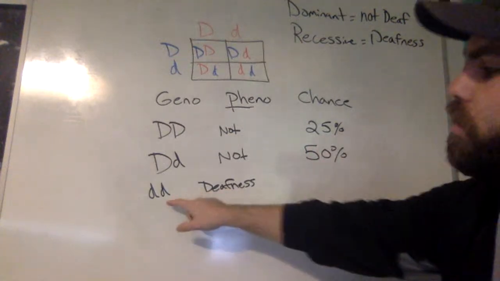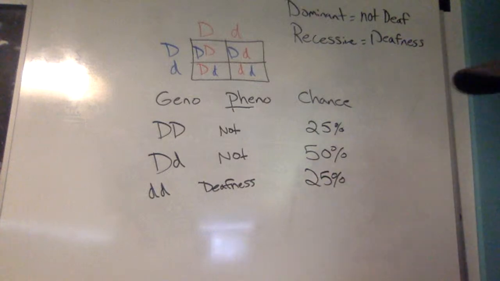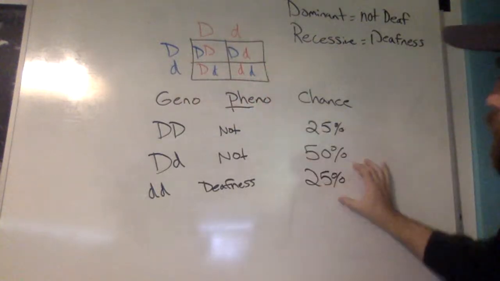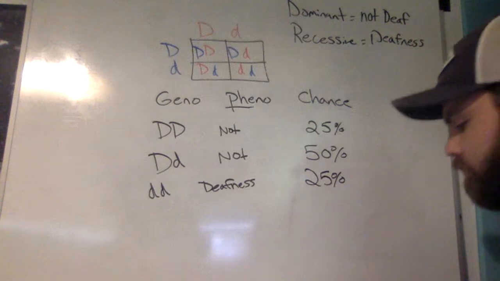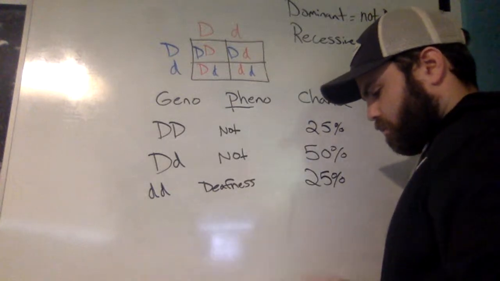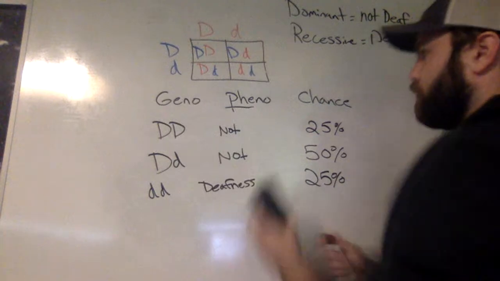And then the last one is our lowercase, 25% again. So if these 2 dogs had an offspring, they'd have a 25% chance that their offspring would be deaf. All right, I'm going to go to the next one.